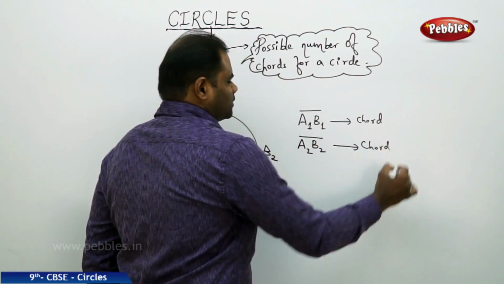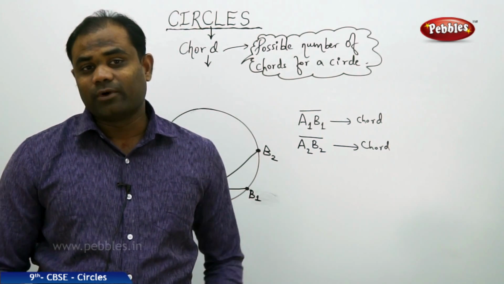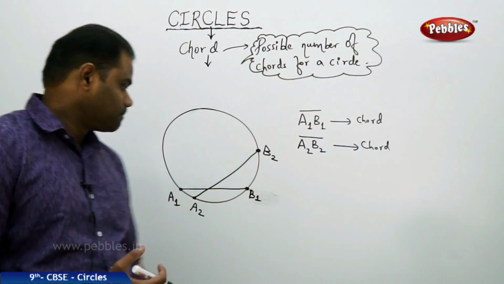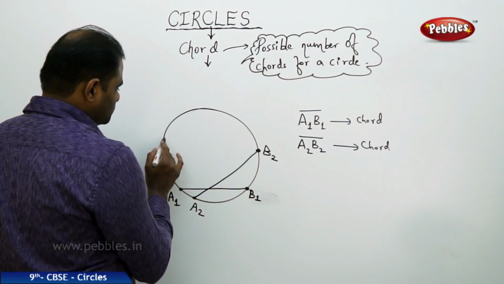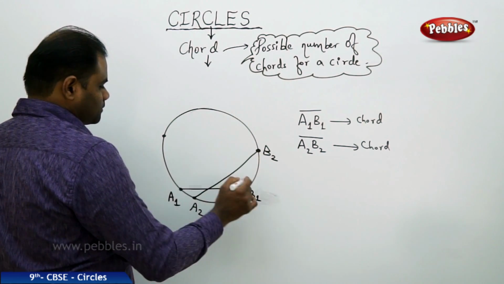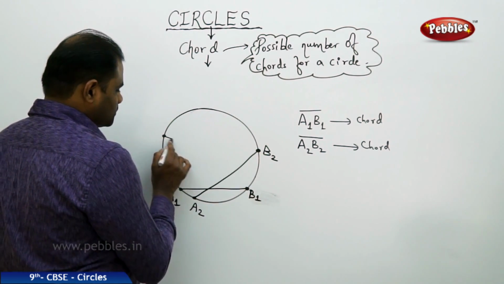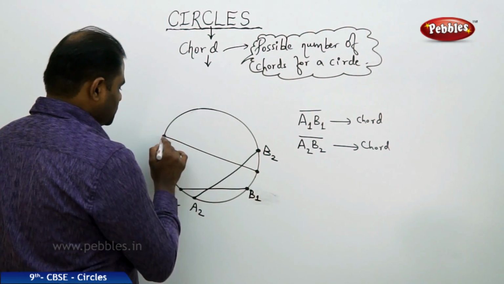A2 B2 is also a chord. Let's investigate with one more set of points taken on the circle. So let me take a different set of points. Here I take a point and here I take a point, and then I join the 2 points.